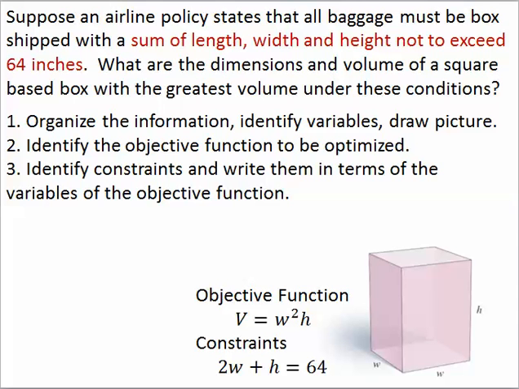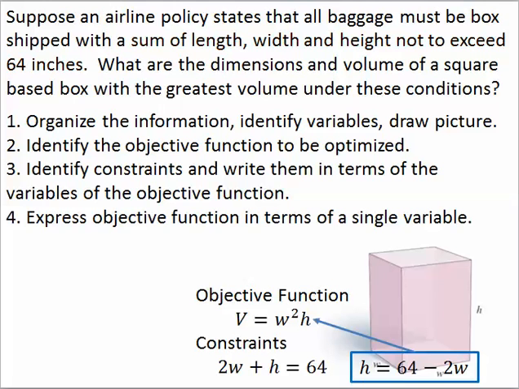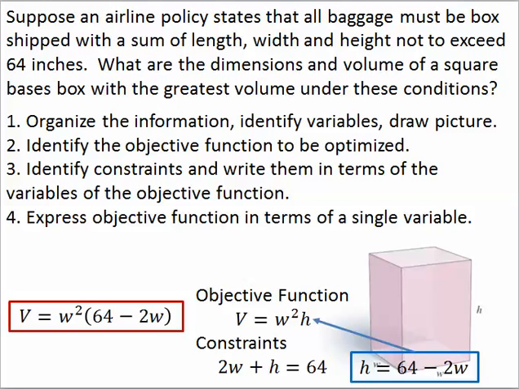So 2w plus h, and I set it equal to 64. Express your objective function in terms of one variable. In this case, the constraint tells me that h equals 64 minus 2w. So I'm able to rewrite my volume, my objective function, in terms of just one variable w.